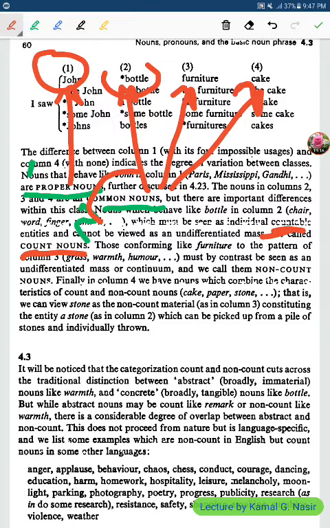For example, we can say cake, we can say cakes, now it is counted, and we can say some cake, which is non-counted. In this case, it can be counted or non-counted. Both are correct.